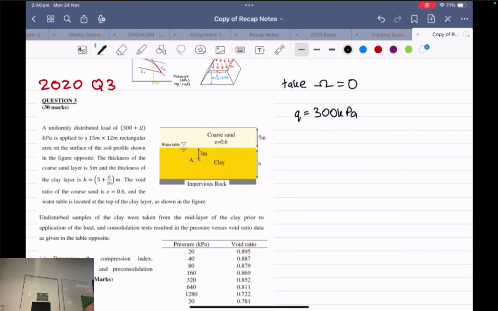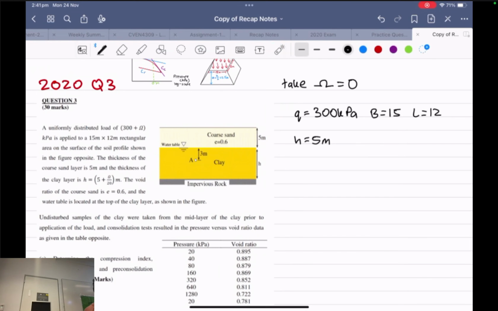And it's being applied to a 15 by 12 rectangular area, so D is 15, L is 12. The thickness of the sand layer is 5 meters, and the thickness of the clay layer, we're going to take it as 5 meters as well. So H is equal to 5 meters.